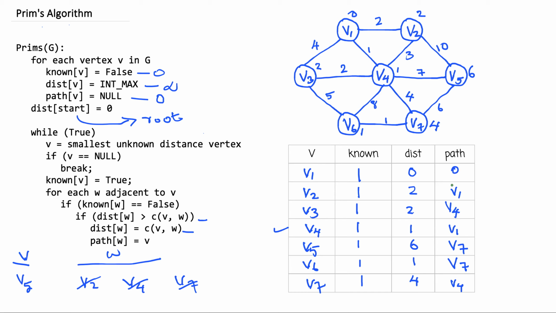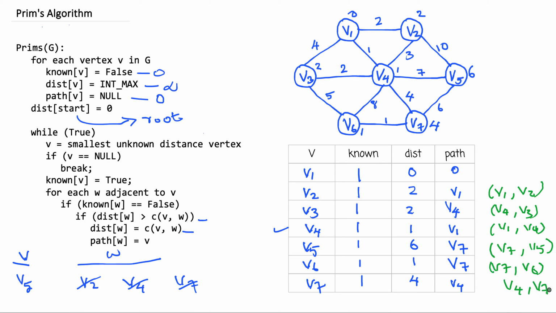Then there will be an edge V1 to V2, an edge from V4 to V3 and V1 to V4, etc. So the edges would be V1 comma V2, V4 comma V3, then V1 comma V4, next is V7 comma V5, next is V7 comma V6, then next is V4 comma V7. So these are the edges in the spanning tree.